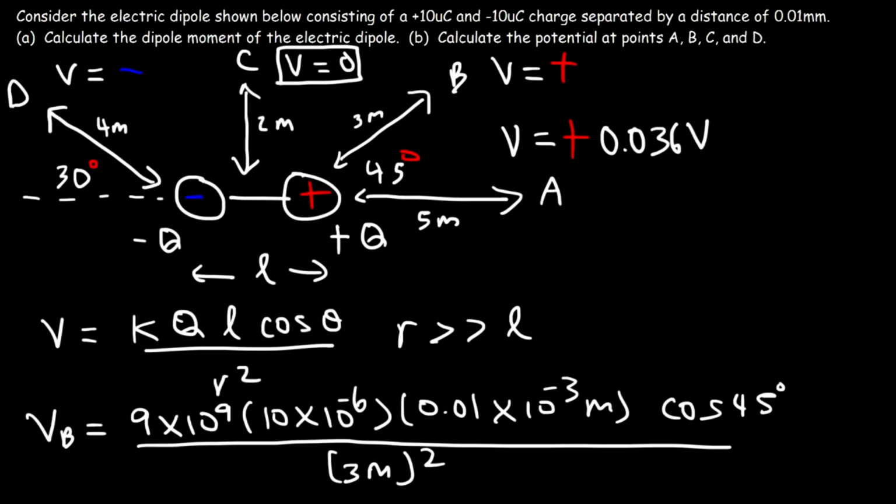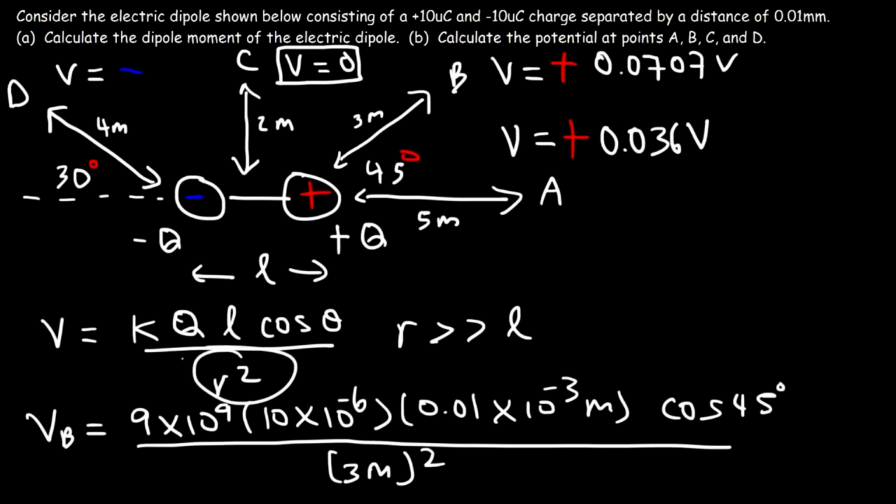And by the way, make sure that your calculator is in degree mode. So the answer that I have is 0.0707 volts. Now the reason why it's higher is because 3 meters is less than 5 meters. So as you move away, notice that the electric potential will decrease.